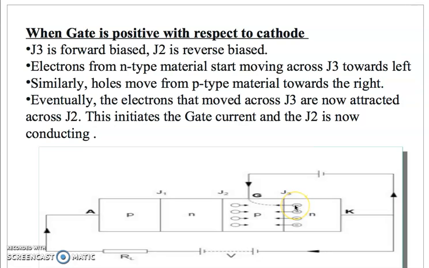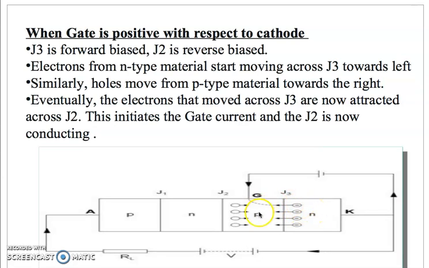It crosses the J3 junction and comes to the P region. When the electrons come to the P region, they are attracted by the J2 junction. So the current steadily flows in the SCR. At the J3 junction, electrons move towards the P region, and the holes in the P region cross the J3 junction and move towards the N region.